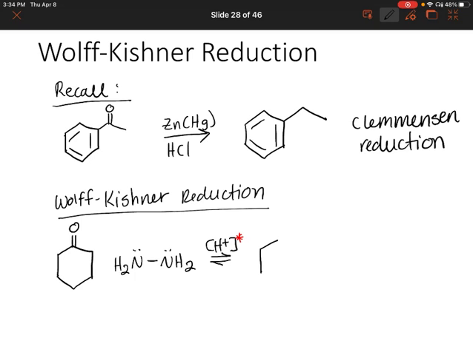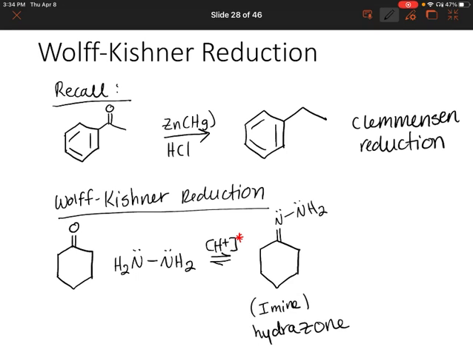So we'll form our intermediate, which is an imine. So we have that carbon-nitrogen double bond. But this is also called hydrazone because we have that NH2 group coming off of the nitrogen. So many names for so many things.